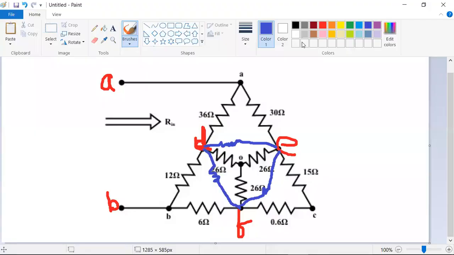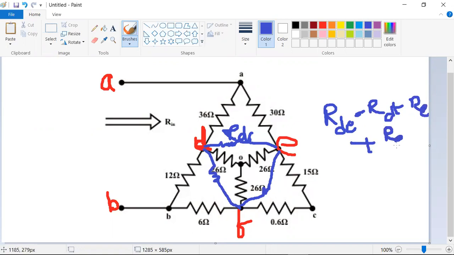So here, for finding RAB or RDE, you should represent these two resistances. RD is nothing but RD plus RE plus RD RE by RF.